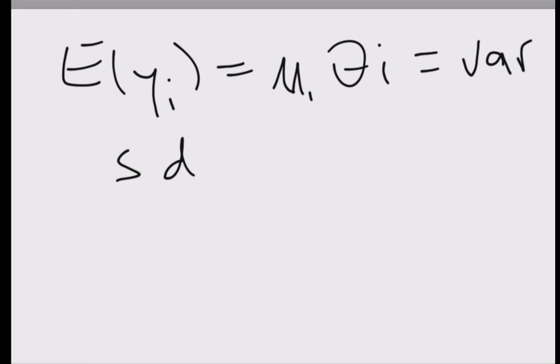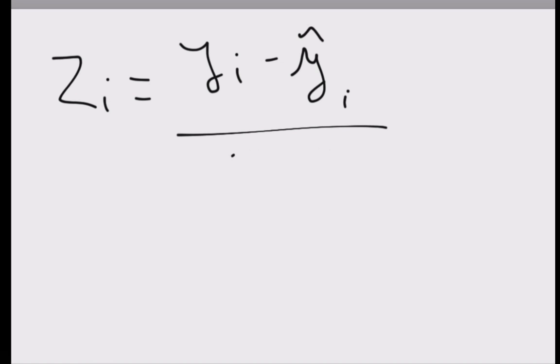In that case, the standard deviation should be the square root of mu sub i times theta sub i. If we were to do residual analysis, then the standardized residuals z sub i should be equal to y sub i minus y hat sub i, all divided by the standard deviation of y sub i.